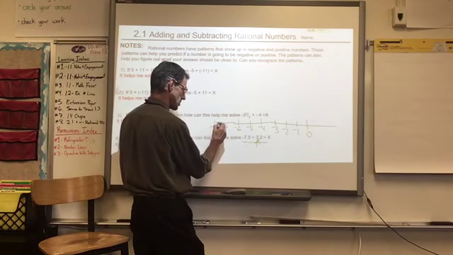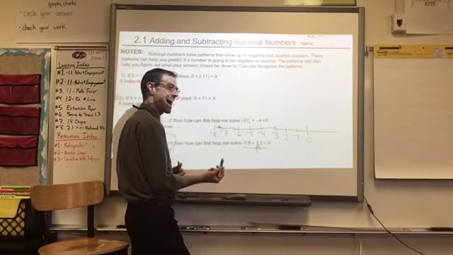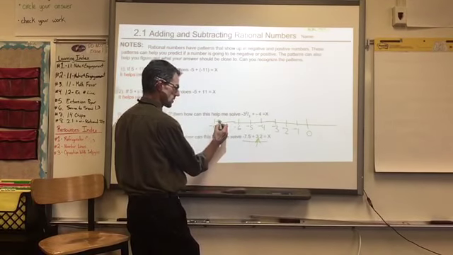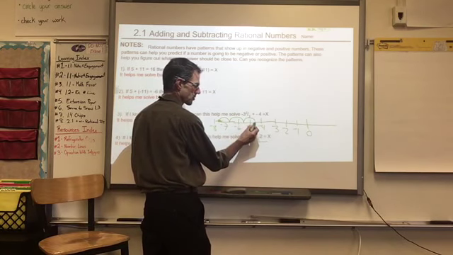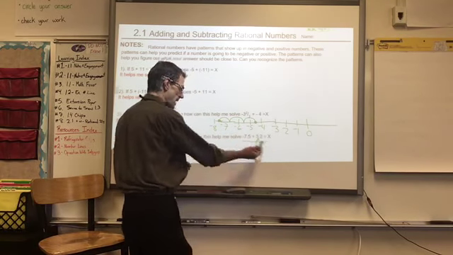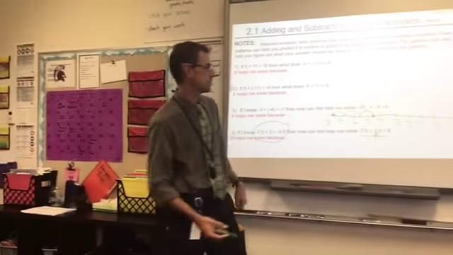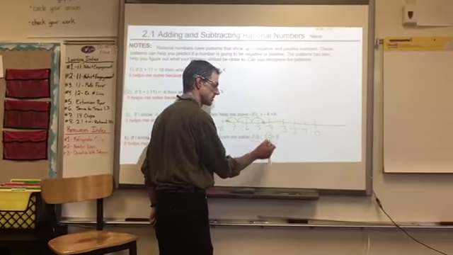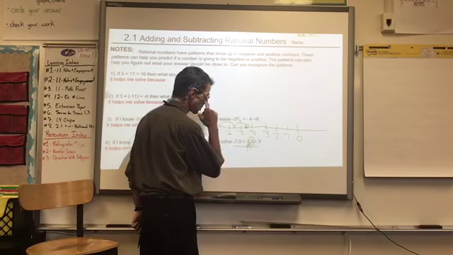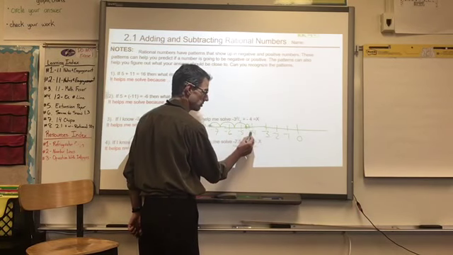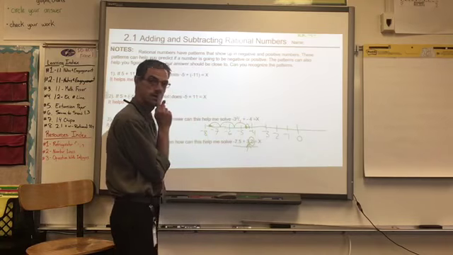So you're here. I'm going to add 3, right? So I go 1, 2, 3. So that brings us to the -4.5. But now I have to add this 0.2. So it actually brings me a little bit further, closer to -4.